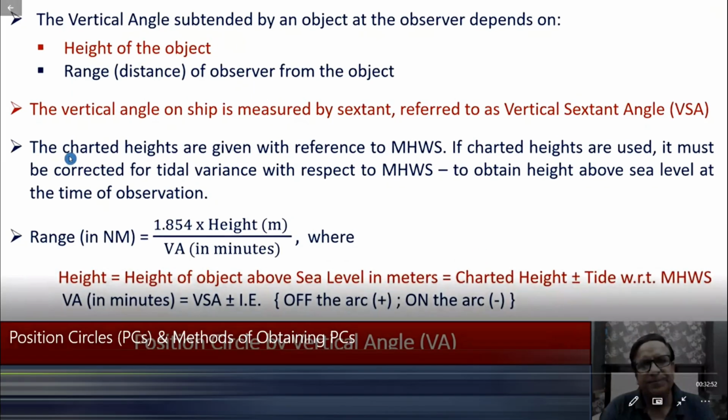So this is what is given in this particular point beta. The charted heights are given with reference to mean high water springs. If charted heights are used, they must be corrected for tidal variance with respect to mean high water springs to obtain the height above sea level at the time of observation.